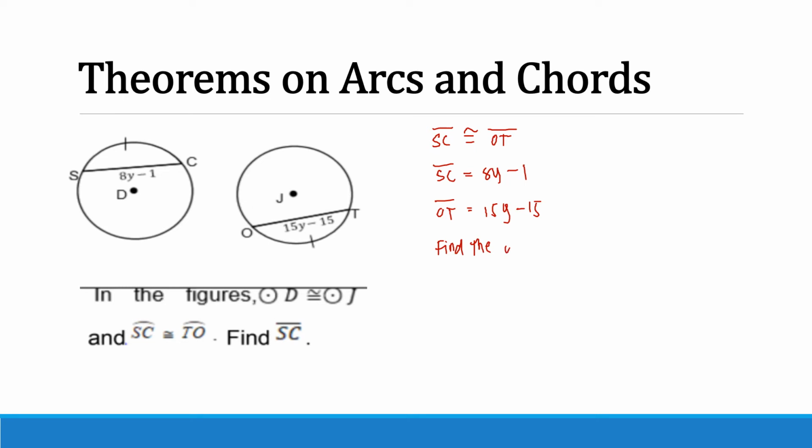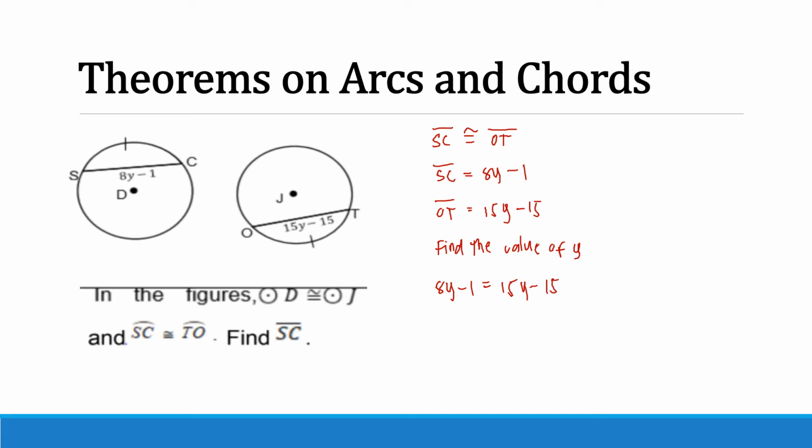Find the value of y. Okay, so let's equate the two algebraic expressions. So 8y minus 1, the value of segment SC, equals the value of segment OT, 15y minus 15. Then simplify.